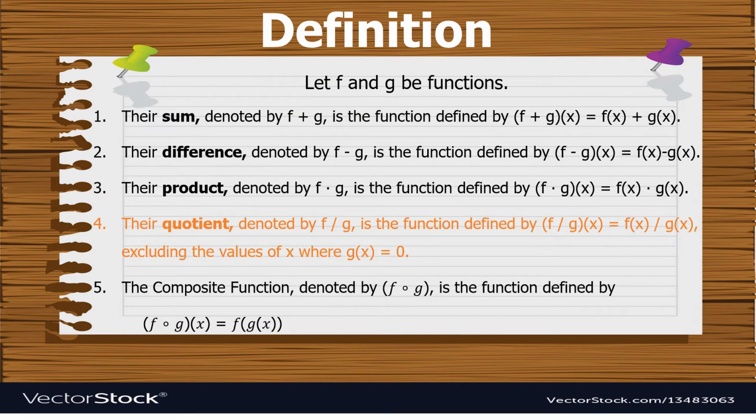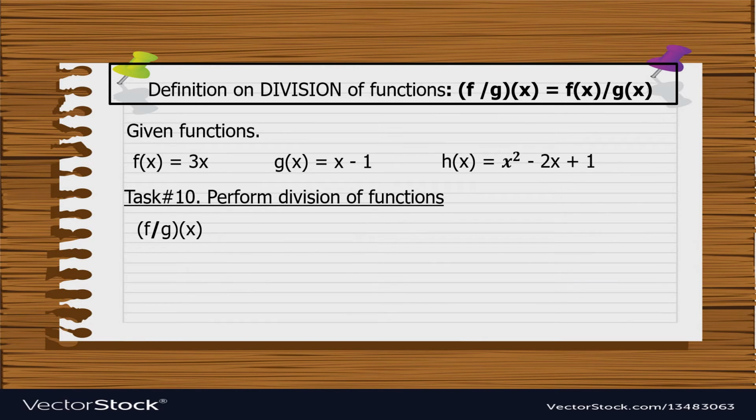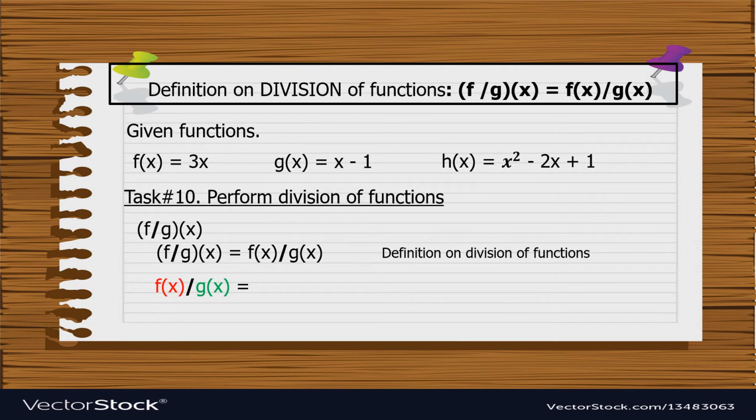Now, we will discuss the quotient of functions. For your task number 10, find the quotient of f of x and g of x. F over g of x equals f of x divided by g of x. F of x over g of x equals 3x over x minus 1.